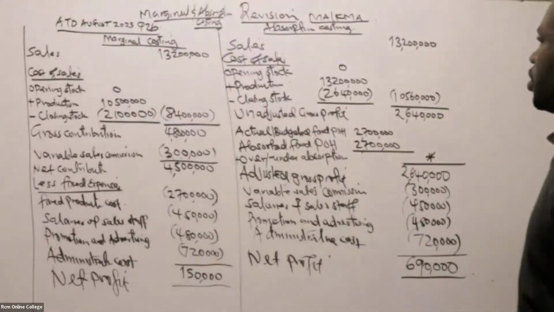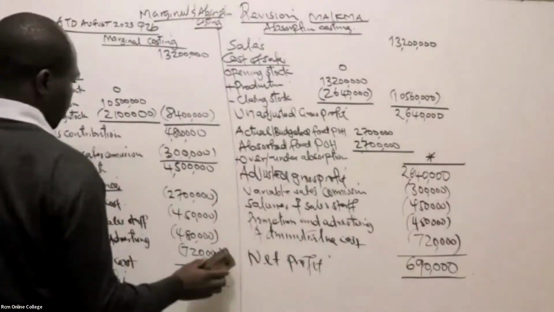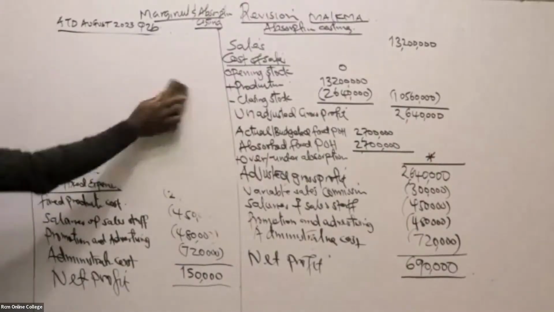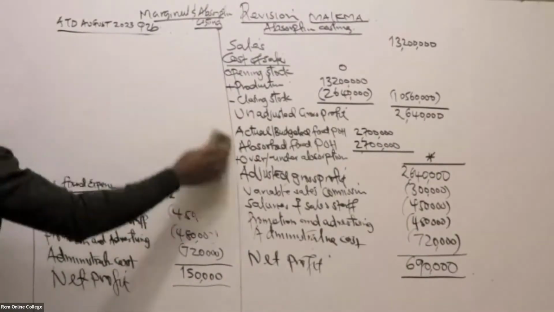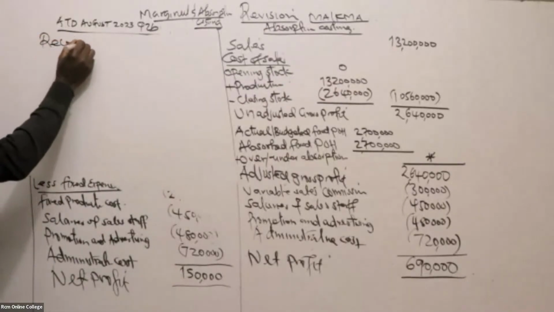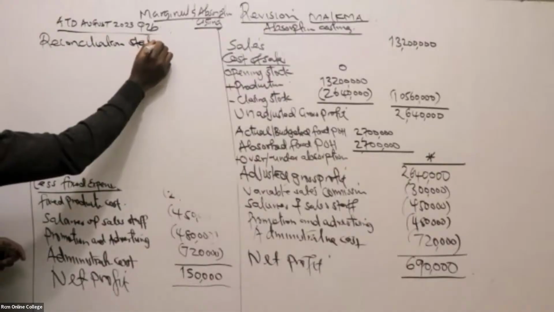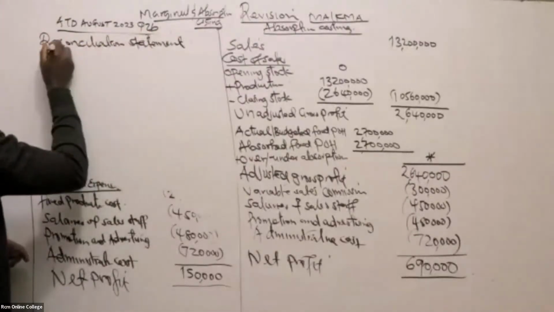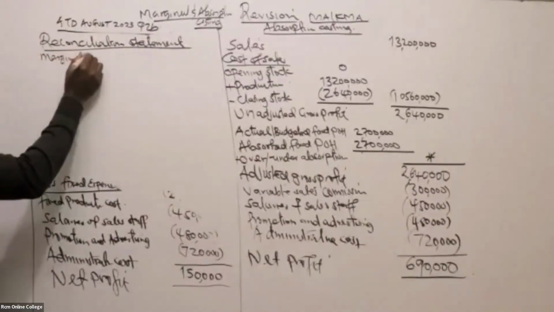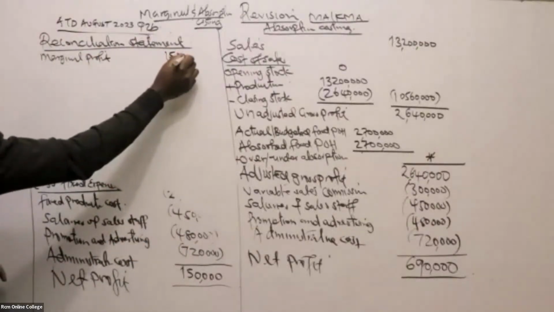Good. So which one should I remove? I can go away with this part as we reconcile. Reconciliation statement. So profit as per marginal costing is 150,000.